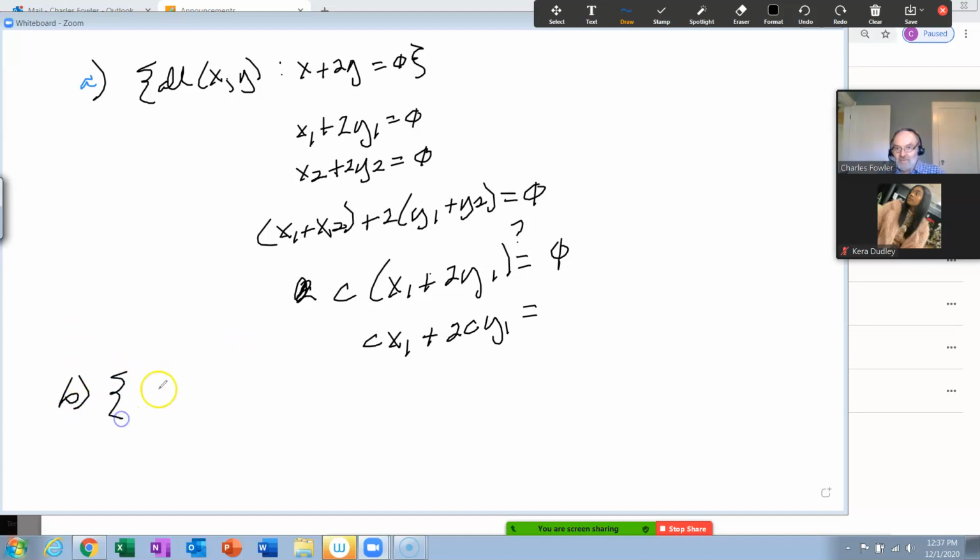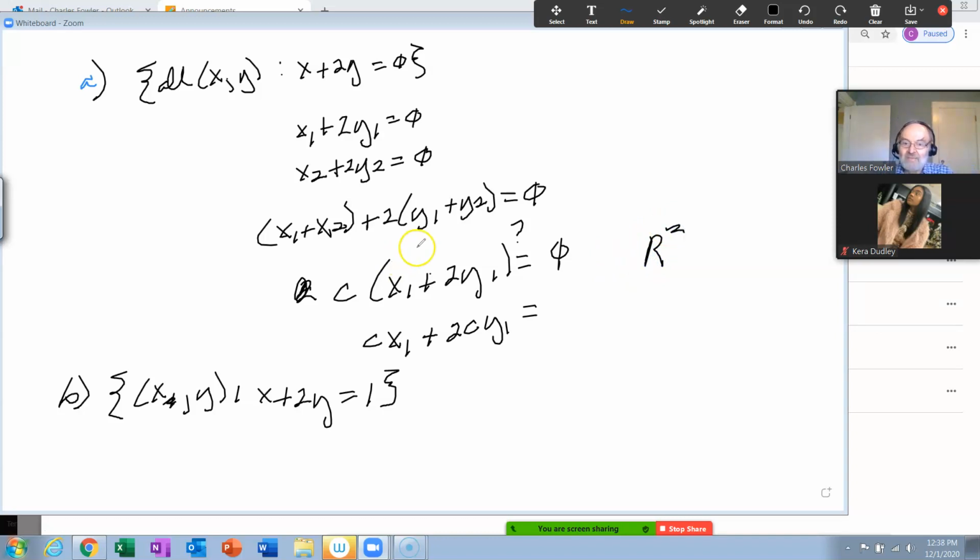Now, the B part said: the set of all xy ordered pairs such that x plus 2y is equal to 1, is that a subspace of R2? It's certainly a subset.